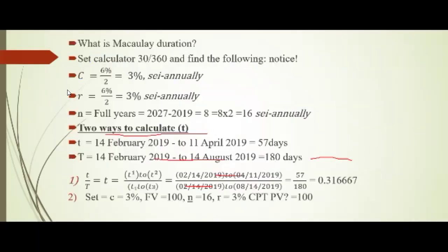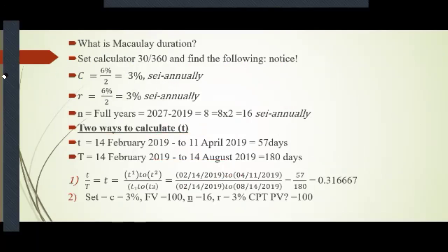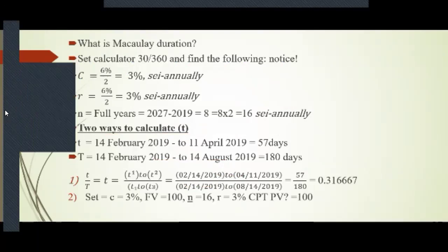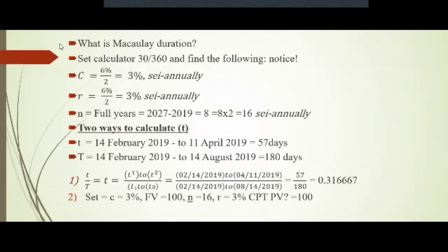Here we will focus on the main points. Number one is the coupon, where C resembles the coupon, which is 6. 6 divided by 2.